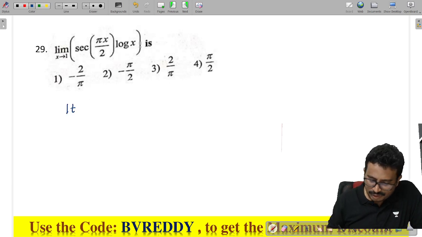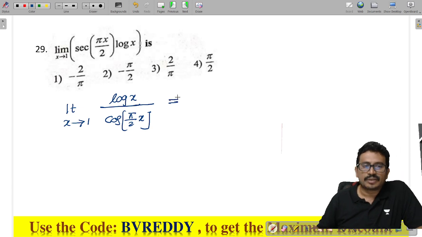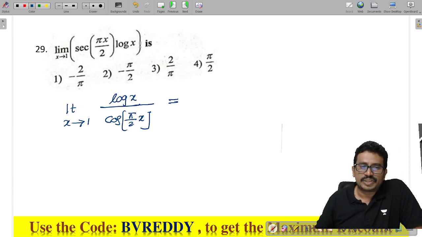So for this, what I am doing is limit x tends to 1 of log x divided by cos of pi by 2x. Right. Now this is a 0 by 0 form.